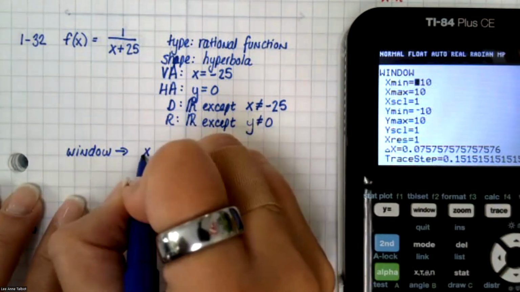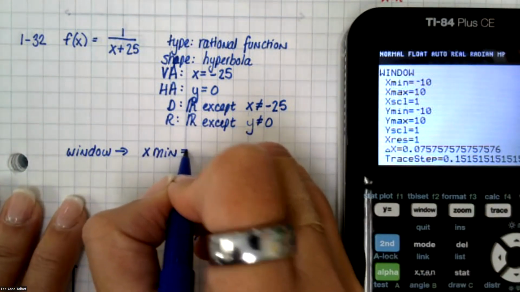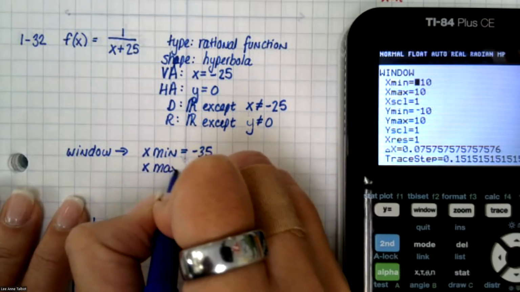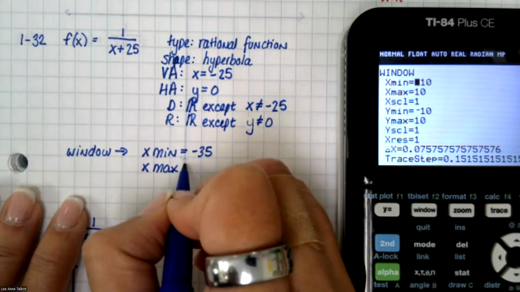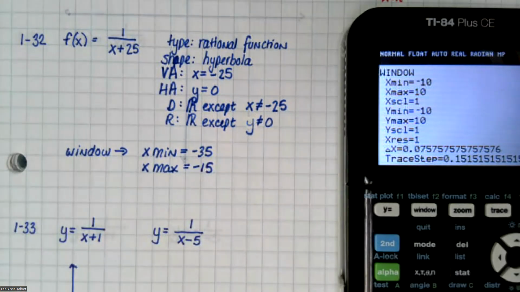I want my X min to be -35 and my X max to be -15. Anybody know why those numbers make sense? Yeah, it's 10 on either side of -25.